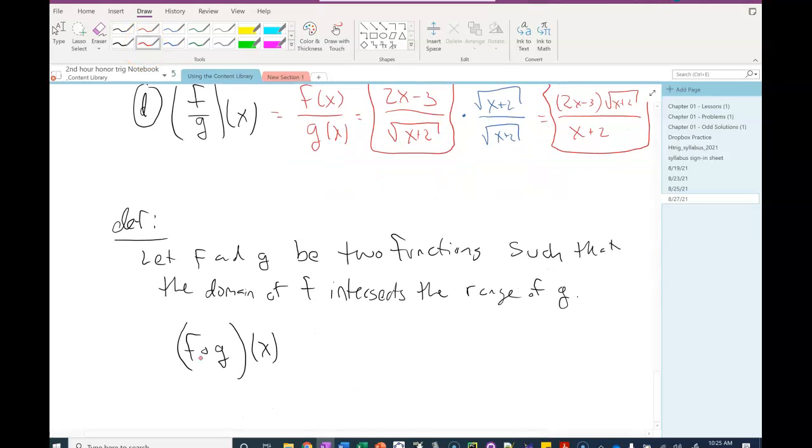So this little open circle here is not the letter O.